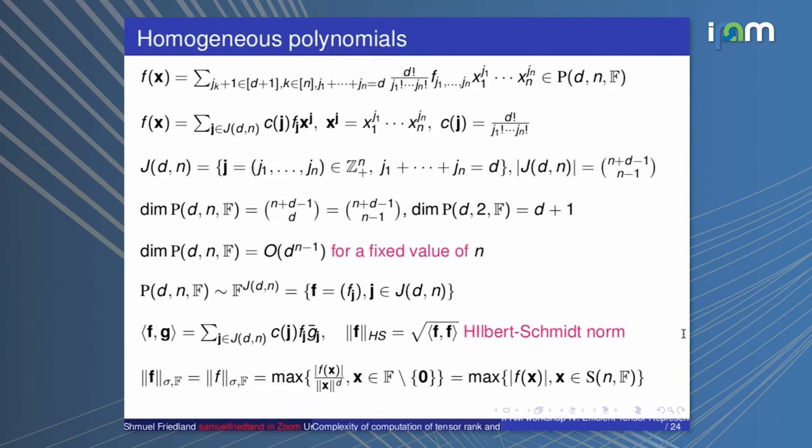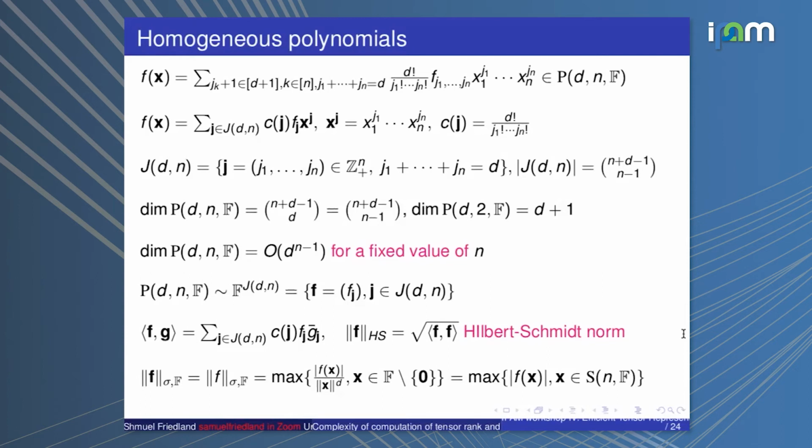Okay, so now we all know, or most people know, that symmetric tensors are just another way of describing homogeneous polynomials. So we look at f(x) as a homogeneous polynomial of degree d in n variables. We write it in terms of coefficients, where the monomial is x1^j1 up to xn^jn, the first line.